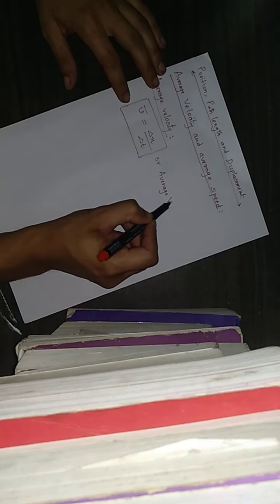In words, average velocity is equal to delta x, your displacement, divided by delta t, your time interval. So average velocity is displacement by time interval.